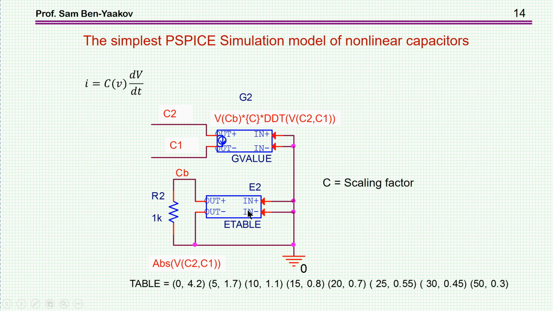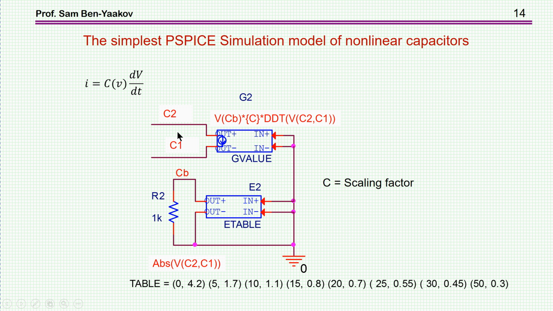And this one is an E table, which means that stored in here is a table. This is the table. These are X and Y values. And you can look at it this way. This expression here, which also belongs to this E table, is like the X value. And in this case, the X value is the voltage between C2 and C1. That is the voltage here. So for each voltage here, you get a value.